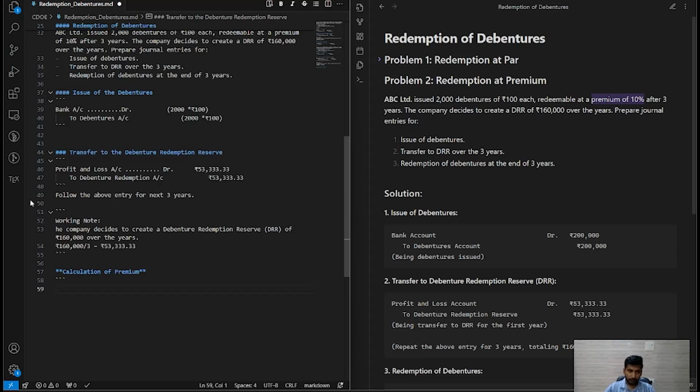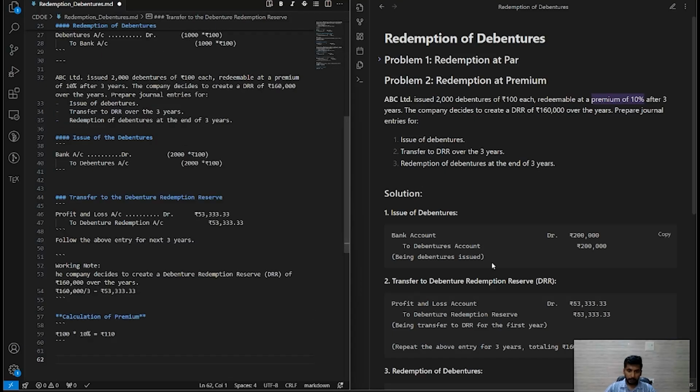The face value is rupees 100, multiplied by 10%, which equals rupees 10.